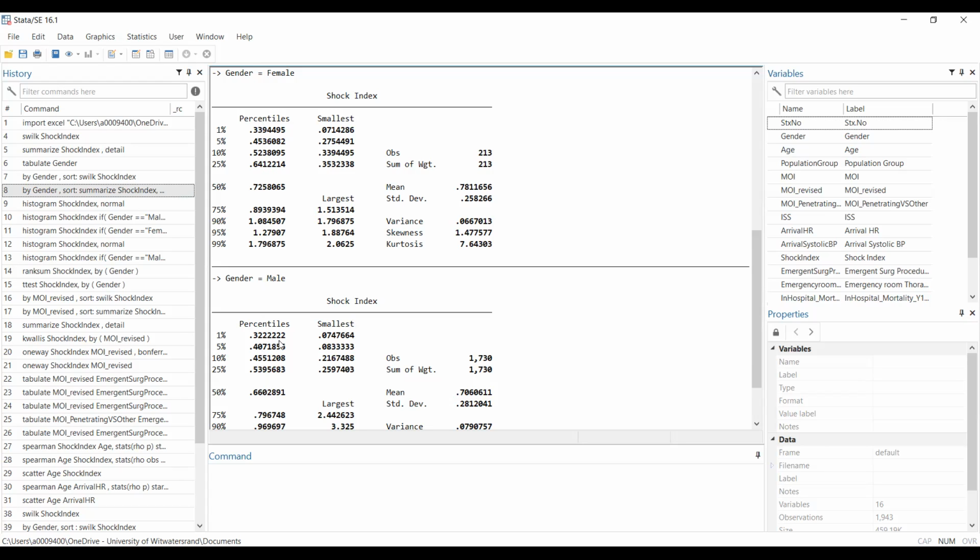So it seems like there's a difference. We know our data is non-normally distributed, so we're going to use a non-parametric test to see whether this 0.66 in males differs significantly from our females. You may think it does, but again, we apply statistics to make these assumptions.